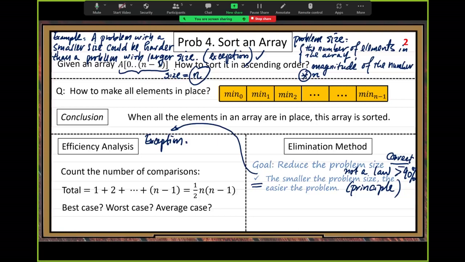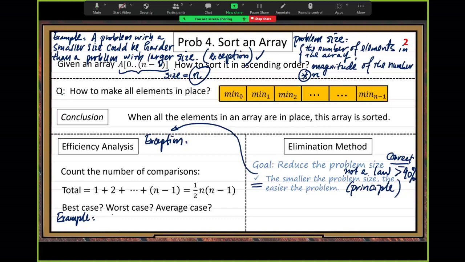Now here, let me give you an example for this case. Example for this second problem size meaning. The example is here: prime factorization of n.